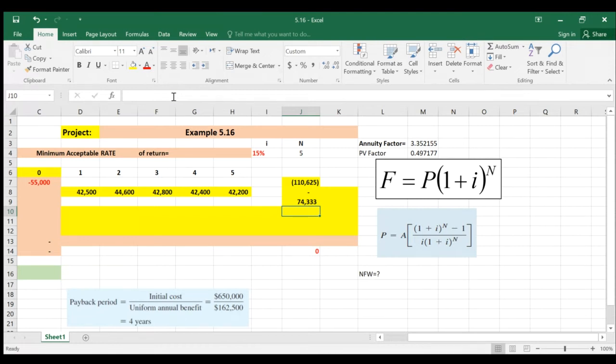Okay, let me put the formula, then I will explain each one by one to you because it needs some time to add a formula here.